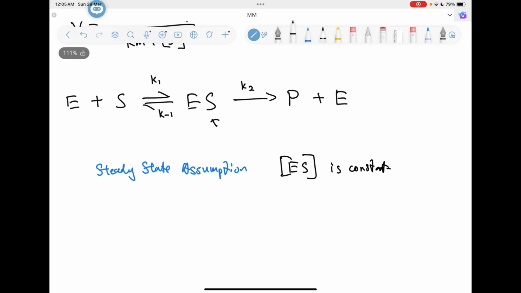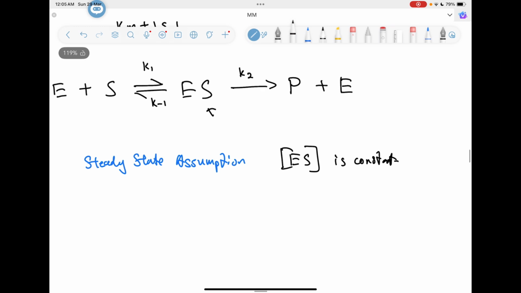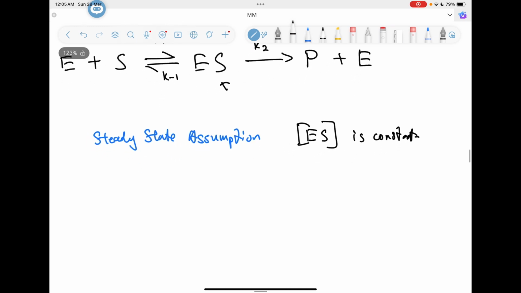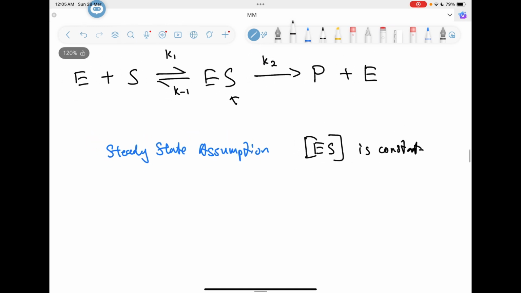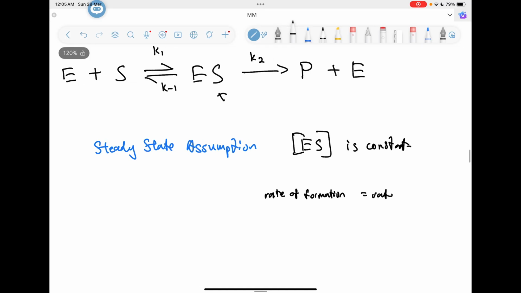And that is because the enzyme substrate complex is a very reactive and short-lived intermediate that is consumed as quickly as it is produced. So what that means is that we can represent this idea in an equation. And the idea in the equation is that the rate of formation of the enzyme substrate complex equals the rate of consumption.